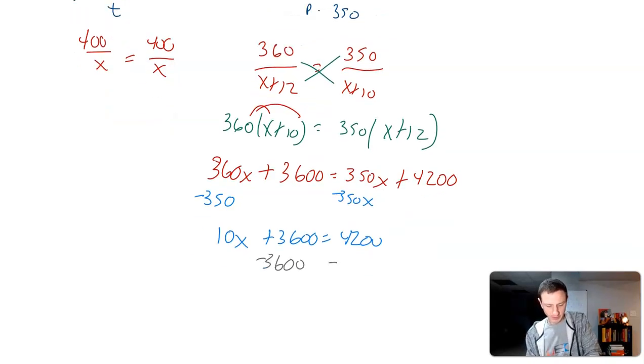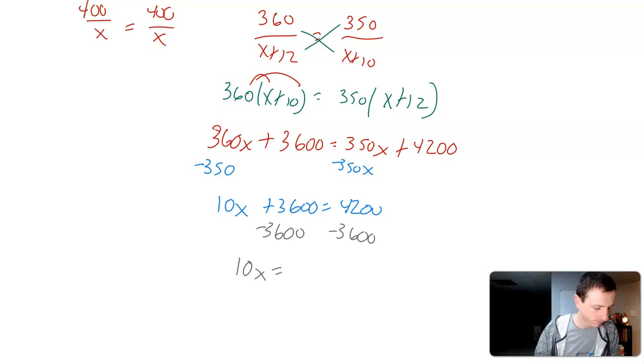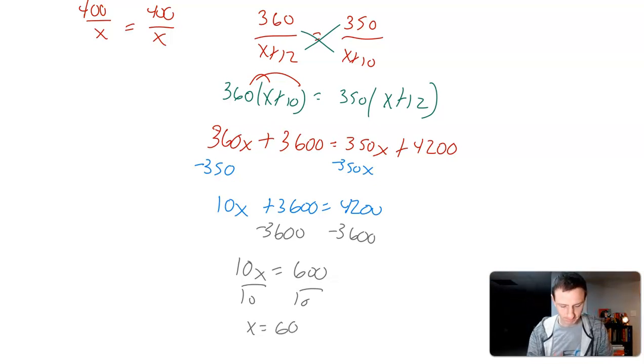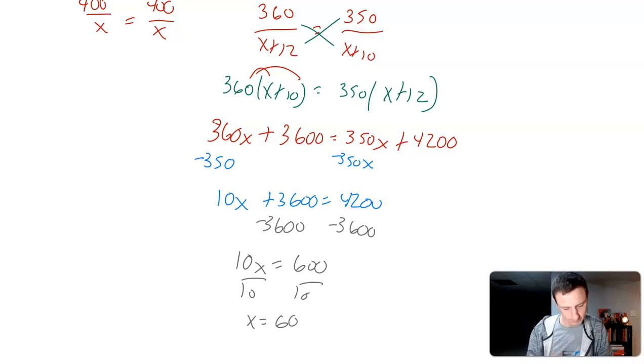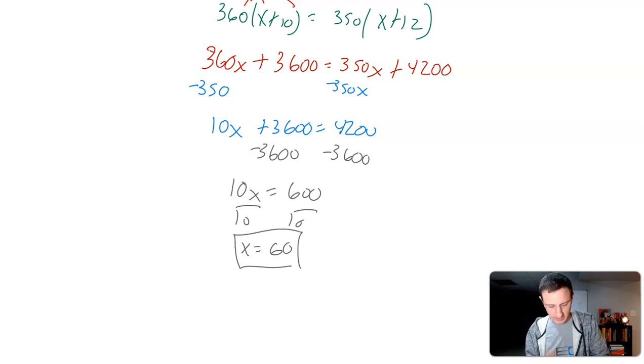Subtract 3,600. Nothing too crazy happening. So 10x equals 4,200 minus 3,600, which is 1,200. Sorry, 600, because I was thinking of 6 times 2. 600 divided by 10, x equals 60. Okay, so we get x equal to 60.